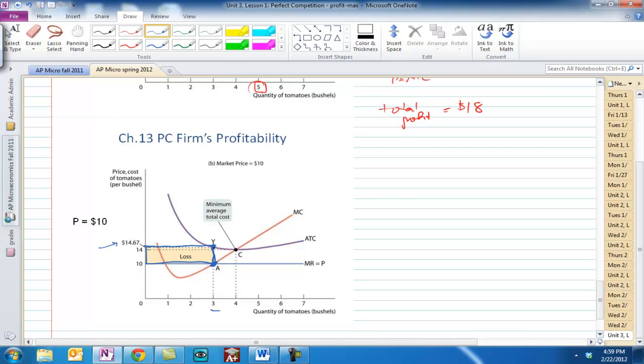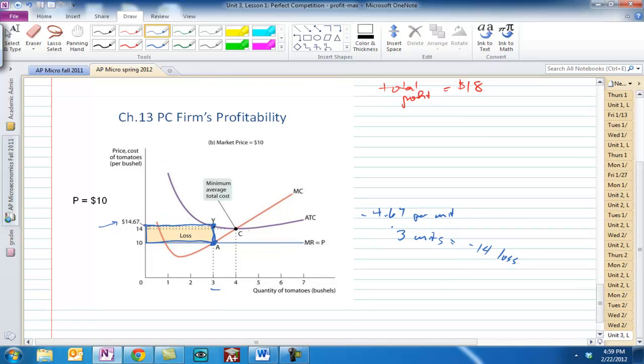So the area of that box, we've got a loss of $4.67 per unit times 3 units, which is equal to a loss of $14, which we already saw above is the amount of loss that's going on here.